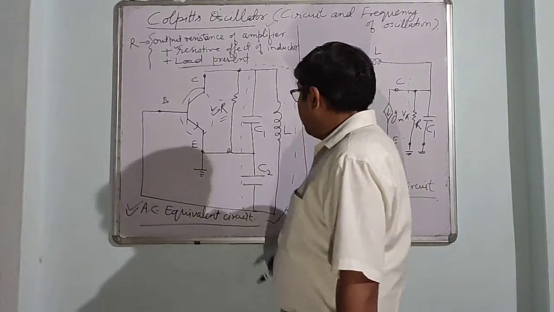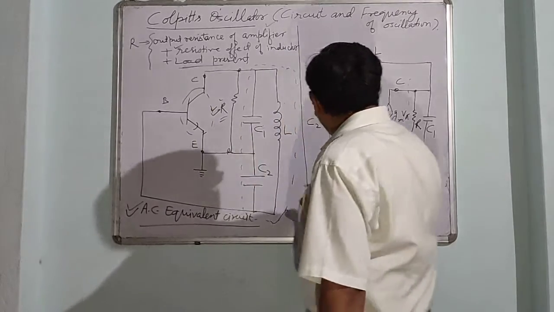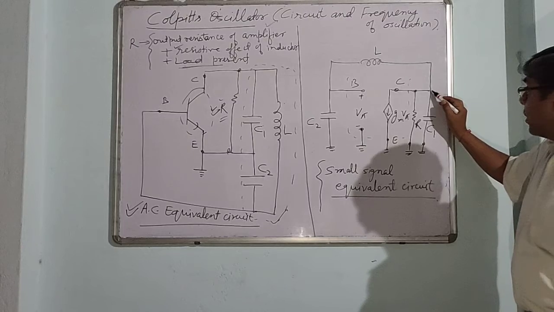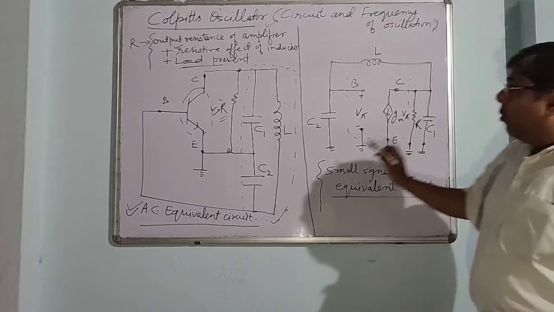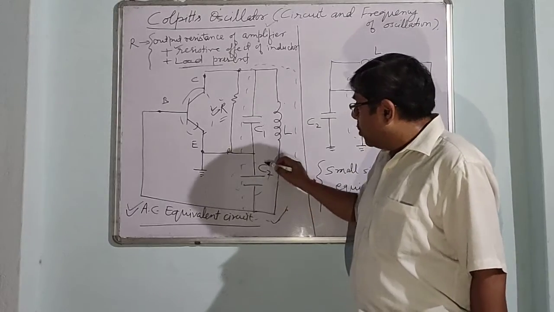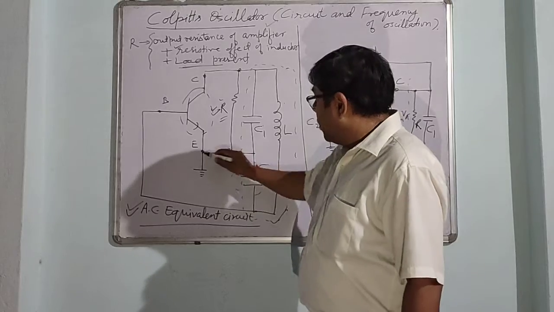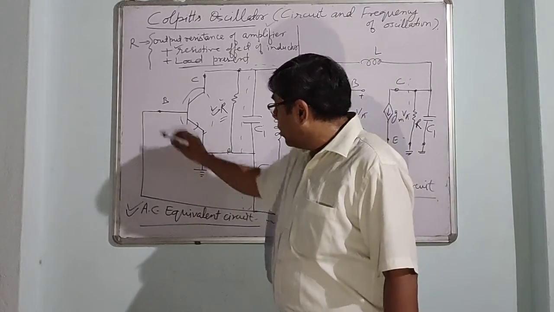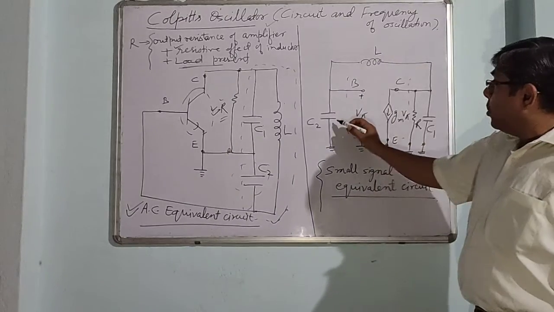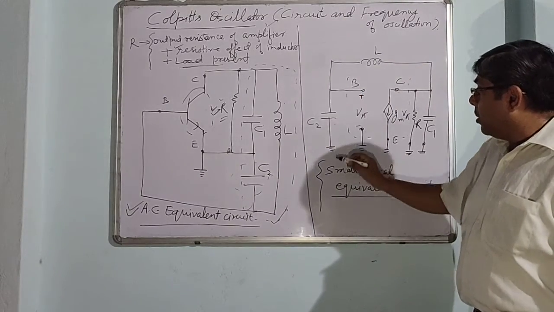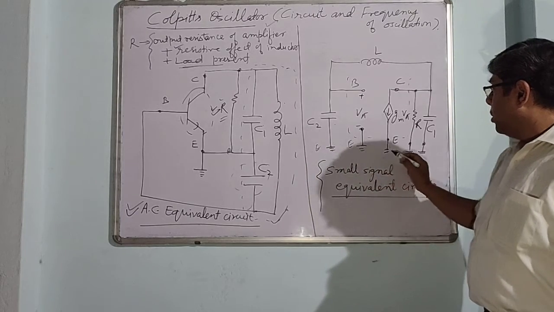Similarly, C1 is connected between collector and emitter. What about C2? C2 is connected between base and emitter. One terminal is connected to base, another terminal is connected to emitter. All these terminals are grounded, so these are same emitter.